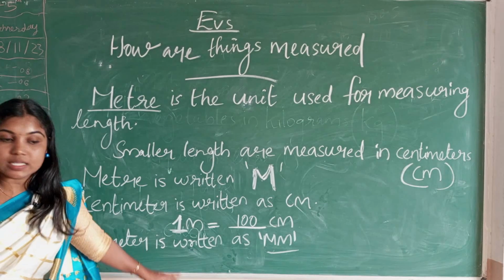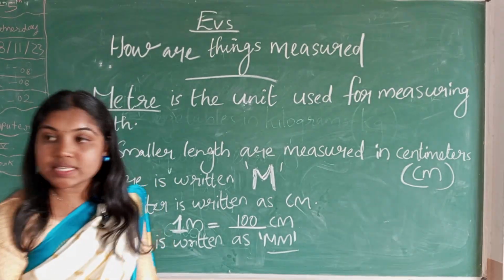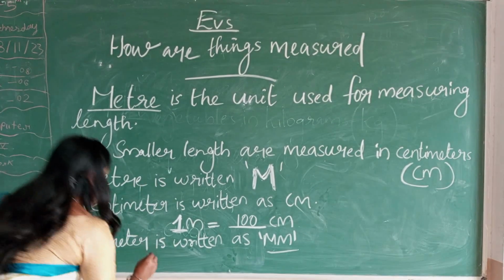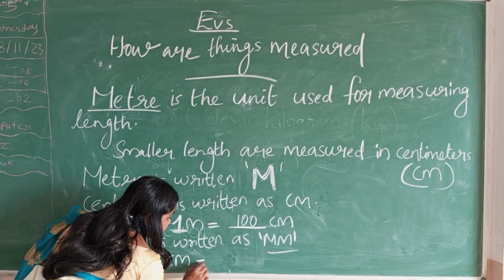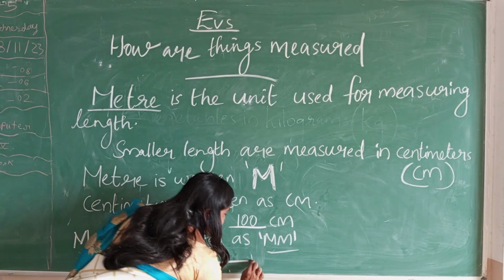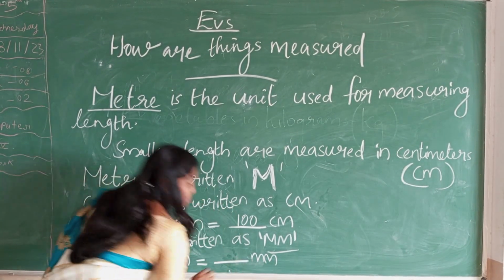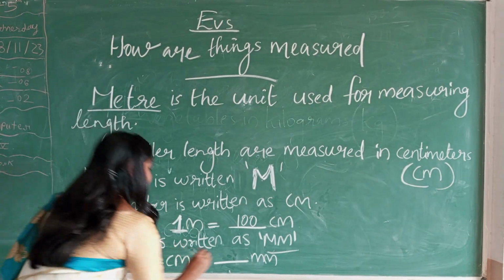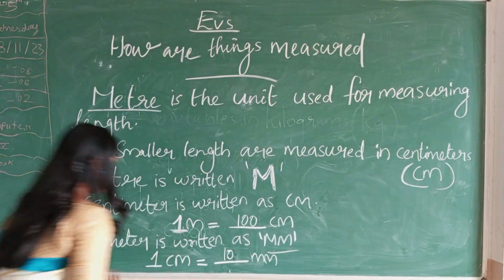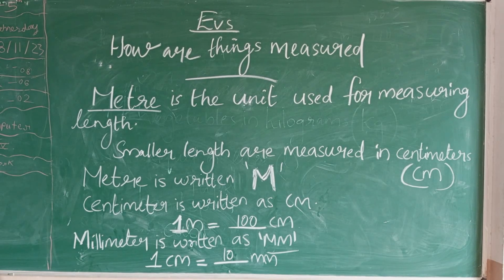Millimeter is written as mm. 1 centimeter is equal to dash millimeter. 1 centimeter is equal to 10 millimeter. Say it: centimeter.